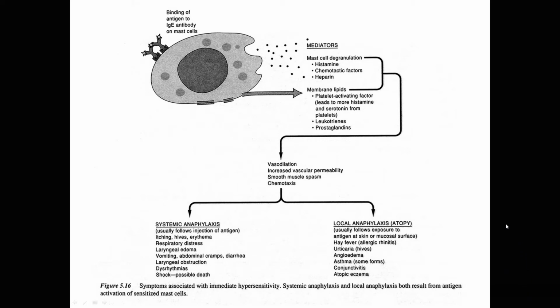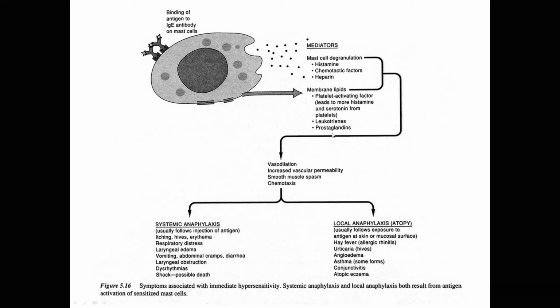The secondary, the delayed response, includes the release of other mediators derived from the membrane lipids. For example, leukotrienes. Leukotriene B4 exerts a powerful chemotactic effect. Other leukotrienes increase the vascular permeability. They excite the smooth muscles of the bronchi, causing bronchoconstriction, and increase the mucus gland secretion.